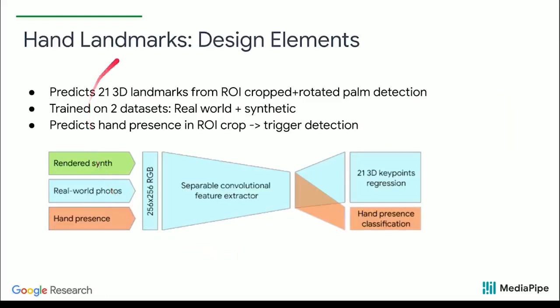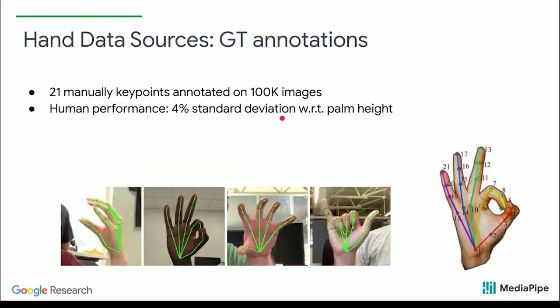The landmark model operates on the region of interest from BlazePalm and then predicts 21 3D landmarks. And again, we trained it on 2 data sets, real world as well as synthetic. For the real world data set, we simply annotated 21 key points with humans on roughly 100,000 images.